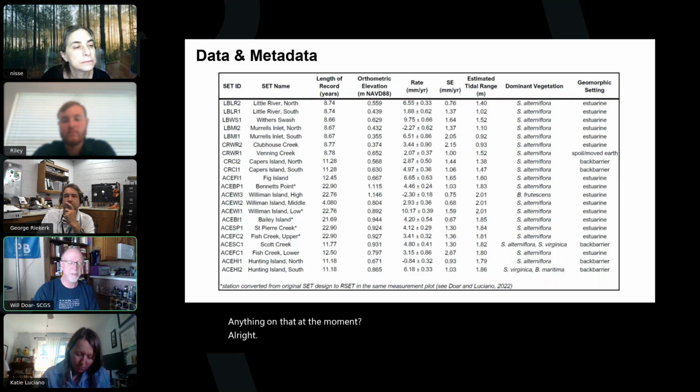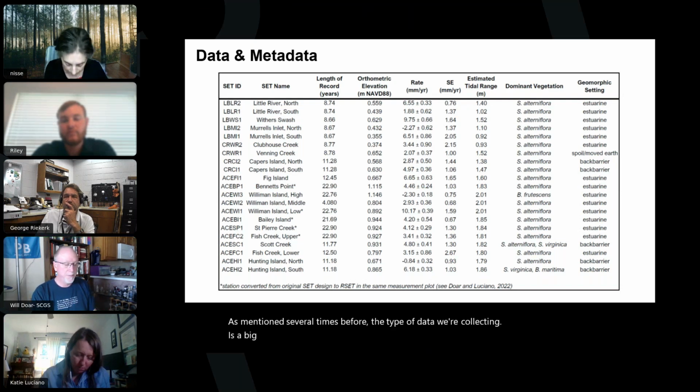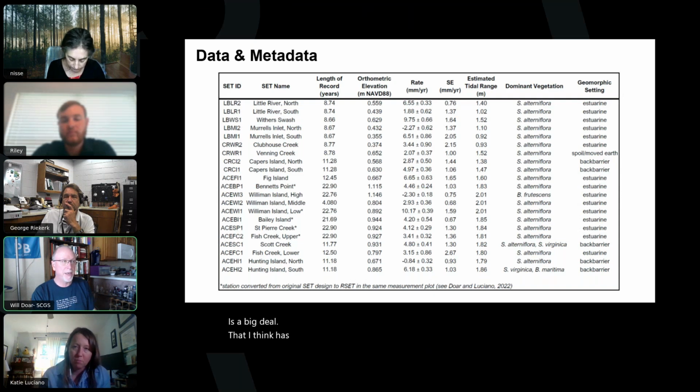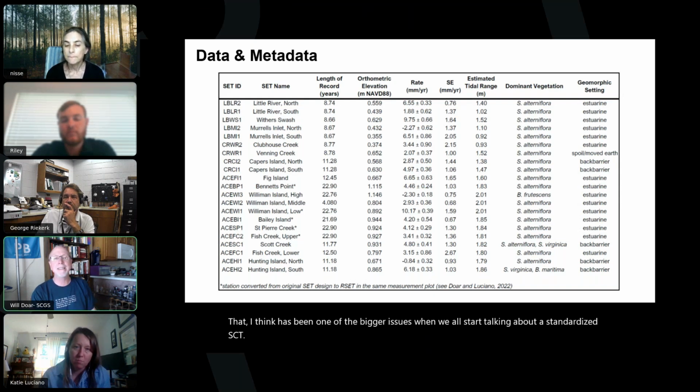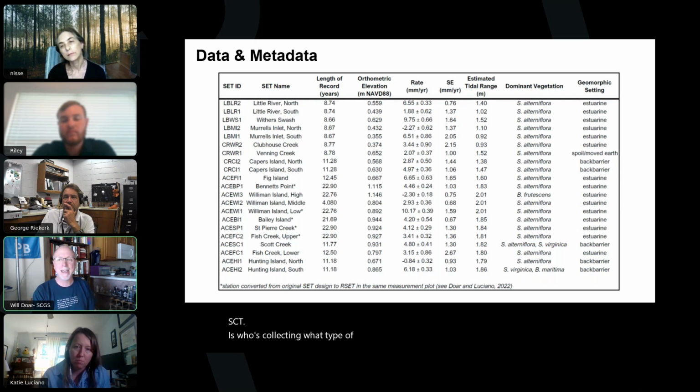As mentioned several times before, the type of data we're collecting is a big deal. That has been one of the bigger issues when we all start talking about standardized SET datasets: who's collecting what type of data. In this case, what I mean is what time intervals are they being collected on?